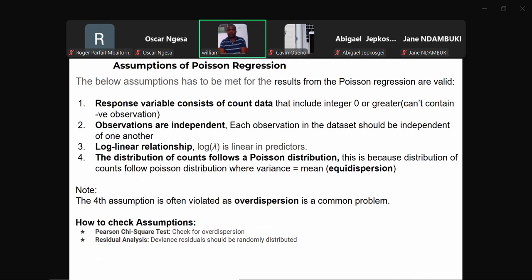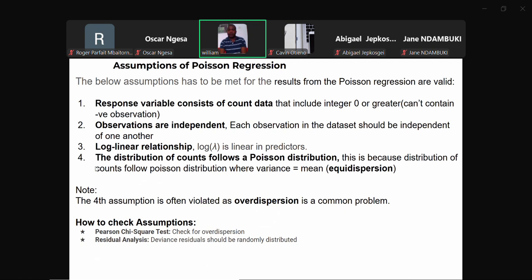Each observation in the data set should not be related to another. Third, a log linear relationship between the predictors and the log of the mean. And then the response follows the Poisson distribution, which we normally call equidispersion, where variance is equal to mean.